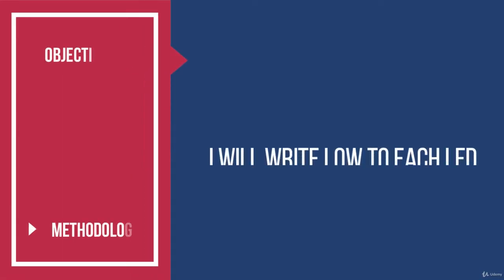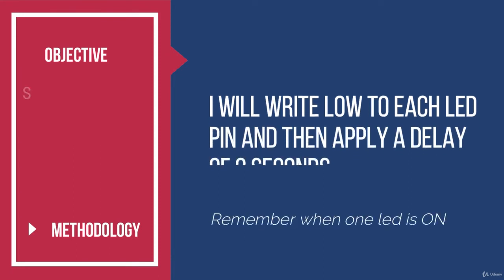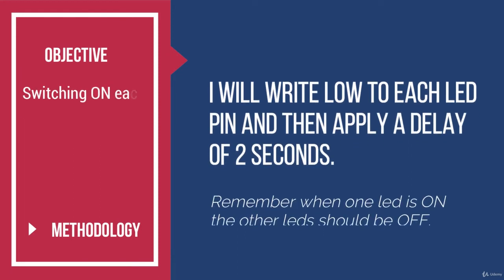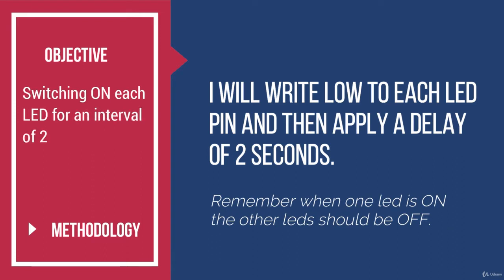Now I'll perform an experiment with this common anode RGB LED. What I'll do is I'll switch on the red LED for 2 seconds, then green LED for 2 seconds, then blue LED for 2 seconds. And my methodology will be, I'll connect the RGB LED at some Arduino pins.